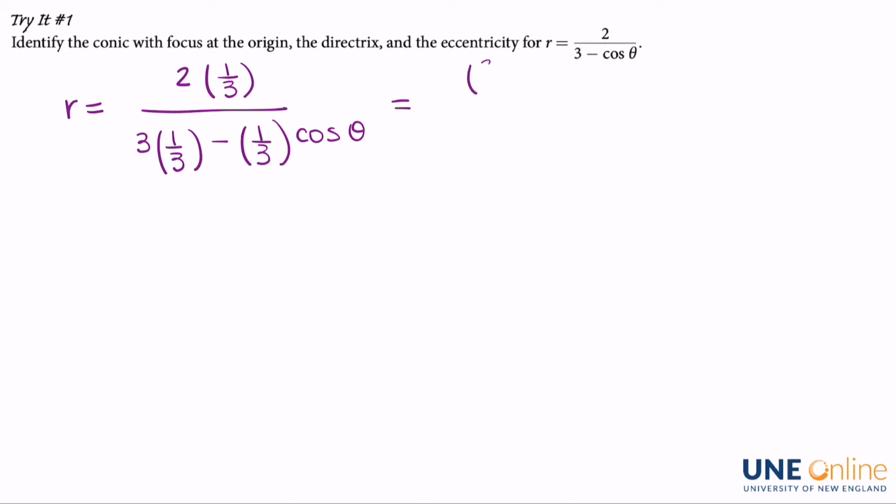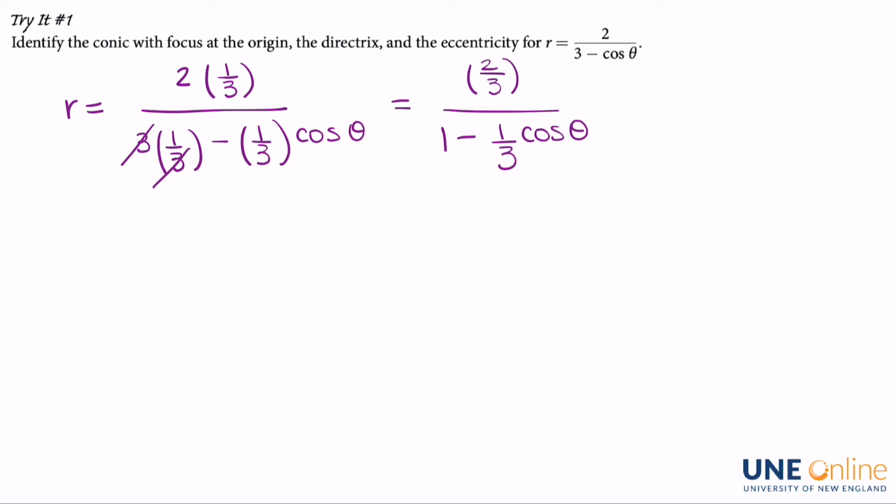Simplify this down a little bit. We have 2/3 in the numerator. We have our 3 and 1/3 cancel out to be 1 minus 1/3 cosine theta. So now this is in our standard form for a polar equation for a conic. What we need from this equation is first to determine the form of the directrix. Notice here we have a cosine function.